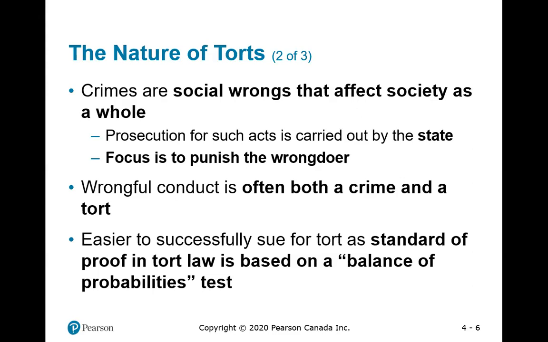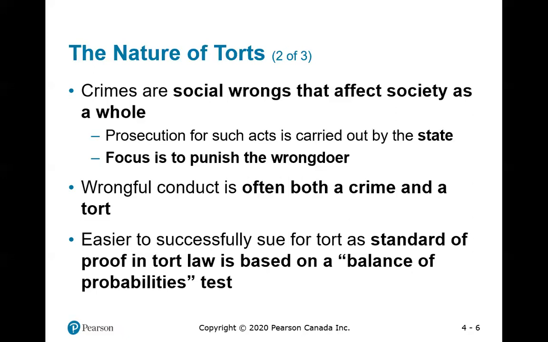So one conduct, one social wrong, which was stealing a smartphone, gives rise to both a criminal proceeding and tort law. Tort is for compensation, and the victim will sue the accused. In criminal procedure, the government, the prosecutor, will pursue the accused. Okay, we saw this.